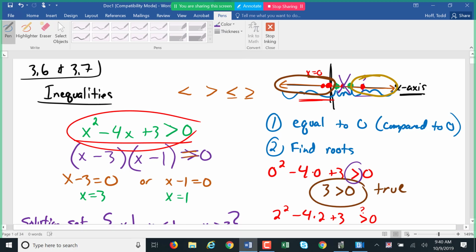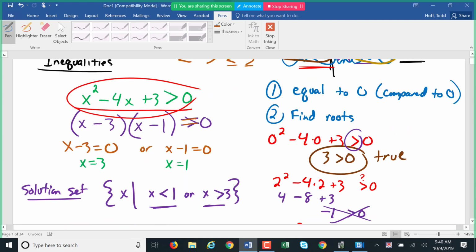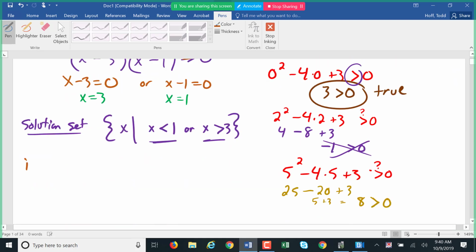Or I could use interval notation. I'm saying this goes from negative infinity to 1. Now, what type of bracket do I put there, square or round? Round. It's strictly less than, so it does not include the 1. And that is unioned with 3, also a round bracket because it's strictly greater than 3, not equal to, from 3 to positive infinity.